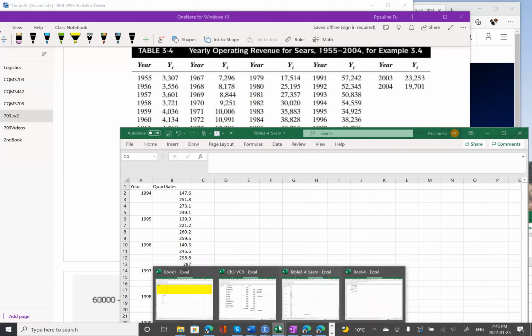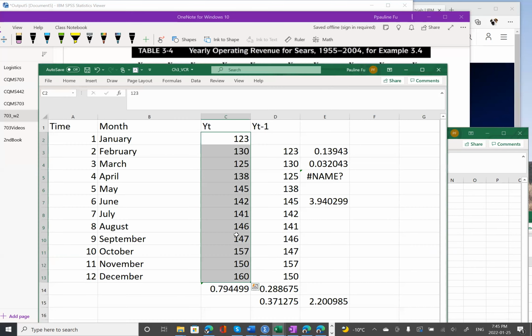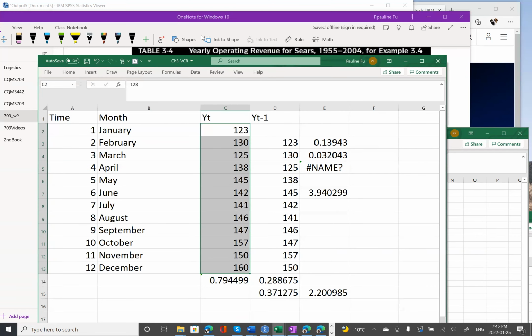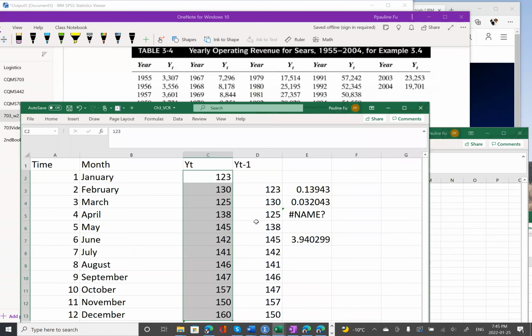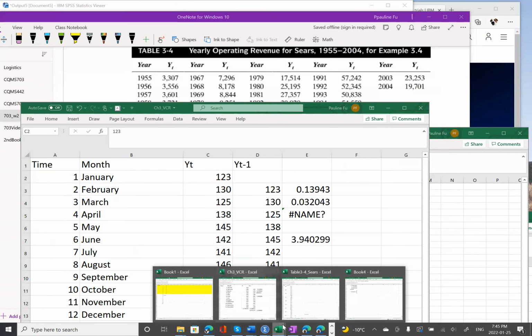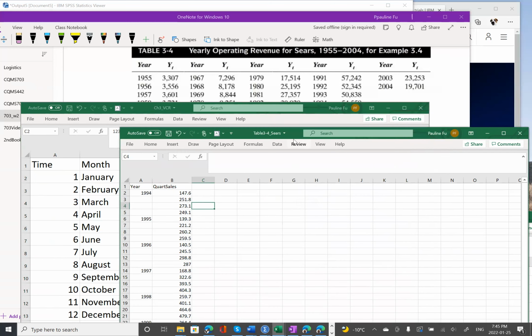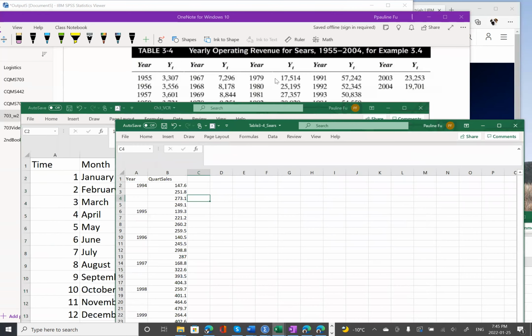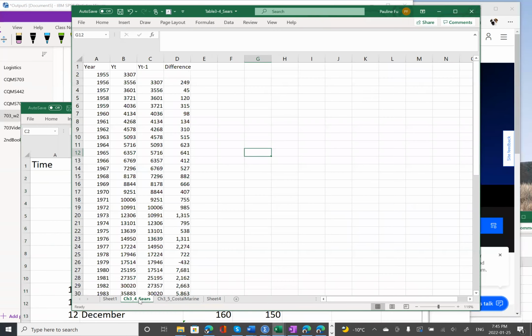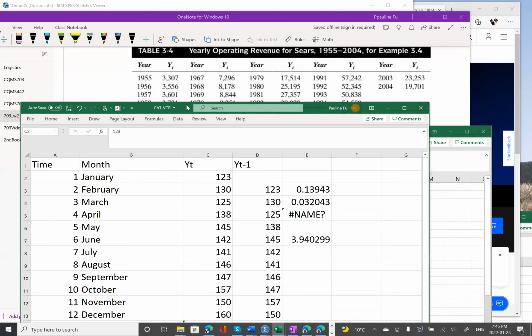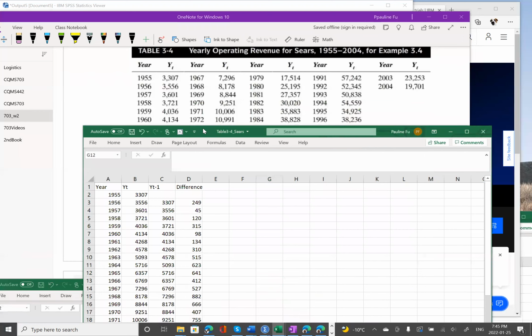Do I have that one? No, I may not have that data. This is this one, VCR table sales. Yes, I do have this data. All right, so let's look at this data here.